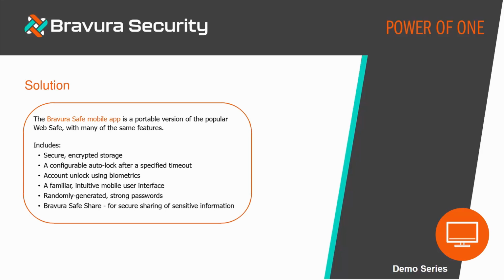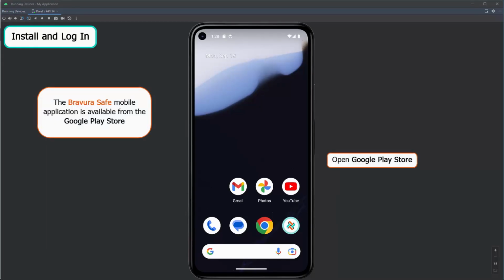The mobile app includes secure encrypted storage that can be accessed on the go using your single master password, a configurable auto lock after a specified safe timeout, account unlock using biometrics such as fingerprint or Face ID, a familiar intuitive mobile user interface for managing and using logins, credit card and identity information, and secure notes, randomly generated strong passwords with configurable specs, and Bravura Safe Share, which makes controlled sharing of sensitive text and files secure, easy, and convenient.